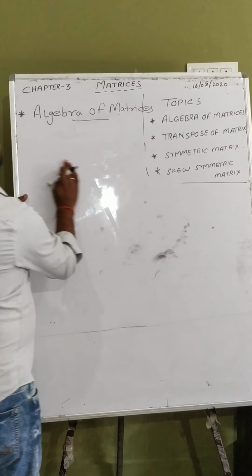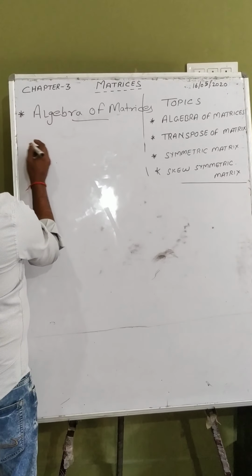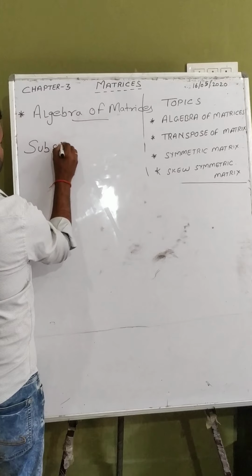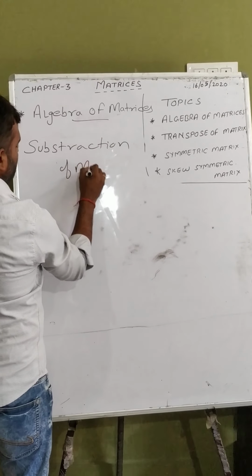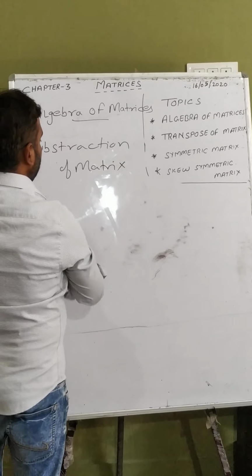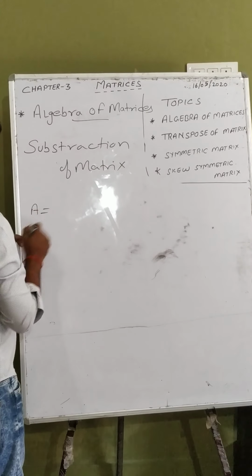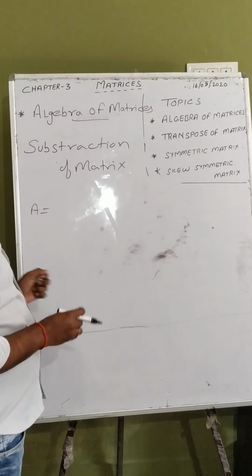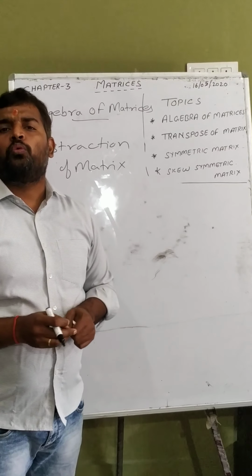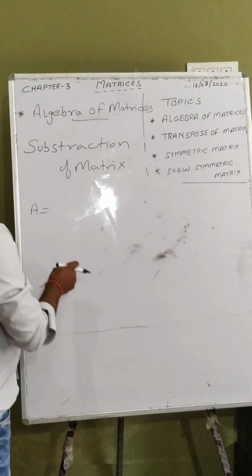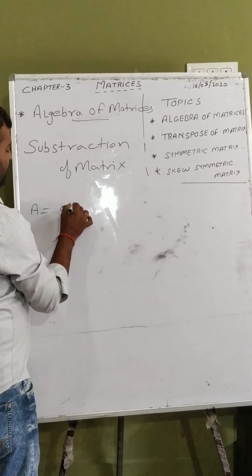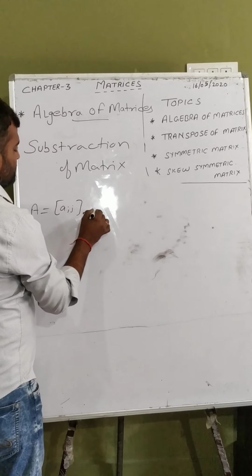Now coming to the next point of the algebra of matrices, subtraction. Again the same point: two matrices can be subtracted only if their orders are the same.